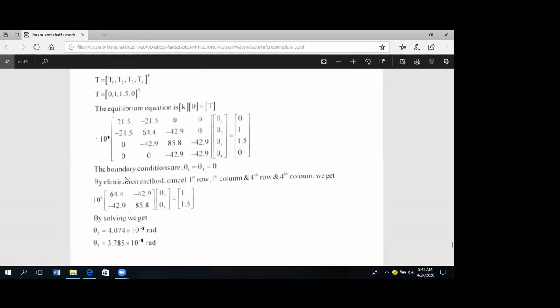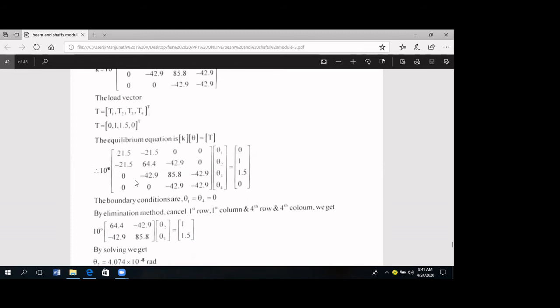By using the elimination method of handling boundary conditions, node number 1 and node number 4 are fixed, so the corresponding displacement values, the angle of twist values theta 1 and theta 4, we are going to consider 0. So the corresponding rows and columns we are going to eliminate. Here the theta 1 row and column and the theta 4 row and column are going to be eliminated.